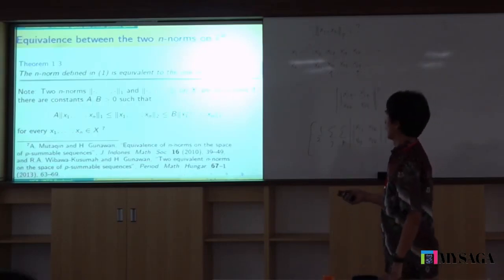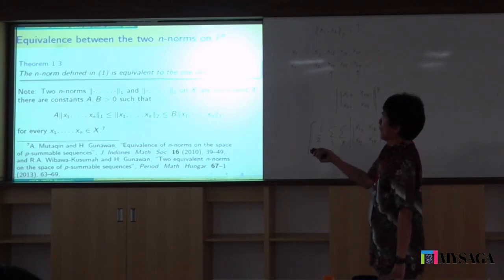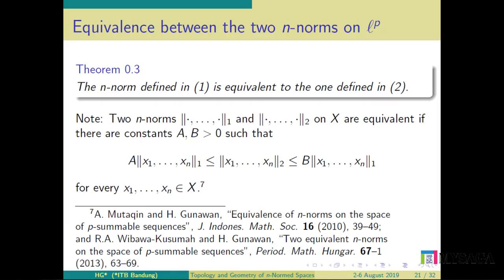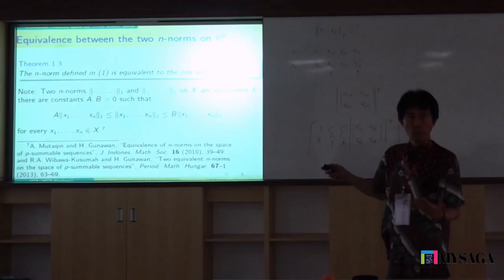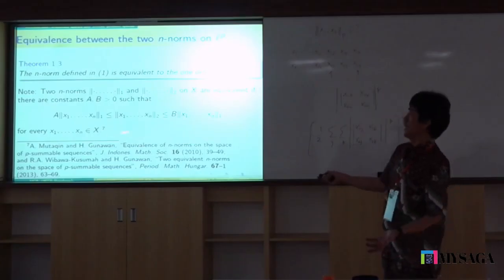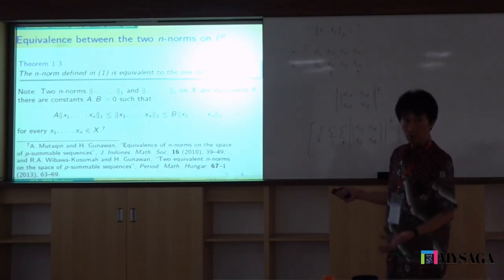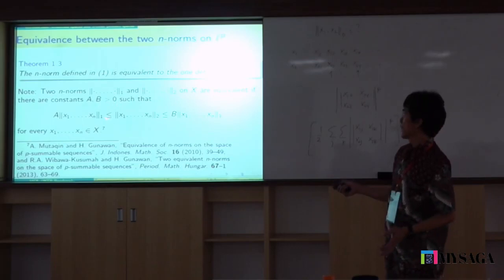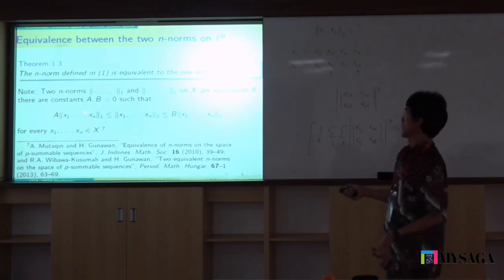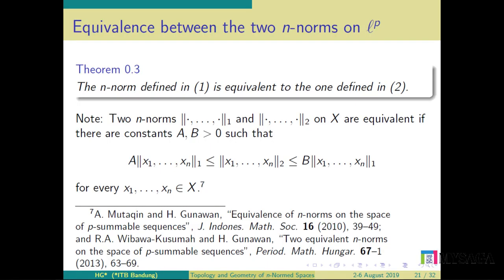My time is up. So I just make a comment here that the 2-norms are equivalent. What do we mean by that? Well, it's similar to the equivalence between norms. Now we have also equivalence between 2-norms. Sorry, n-norms. And that means there are positive constants a and b such that this holds.